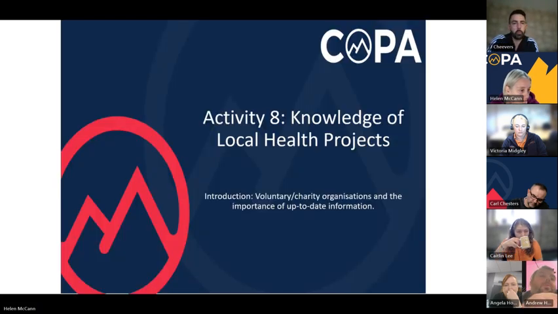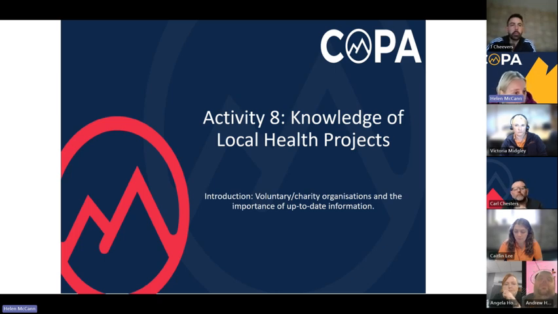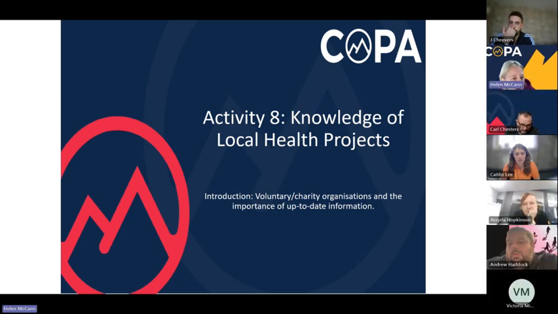Nope. So now we're going to look at activity 8, which is looking at voluntary and charity organisations. Now, I know not everybody works with volunteers, but it's just having that understanding that if you went on to another role or you worked with them, that you'd know what's out there, what they're entitled to. So we've got different voluntary organisations like Mind, Shelter, Age UK.